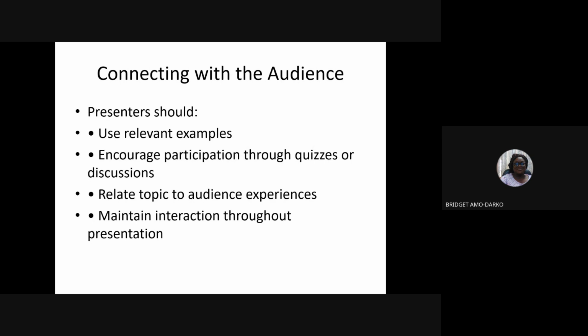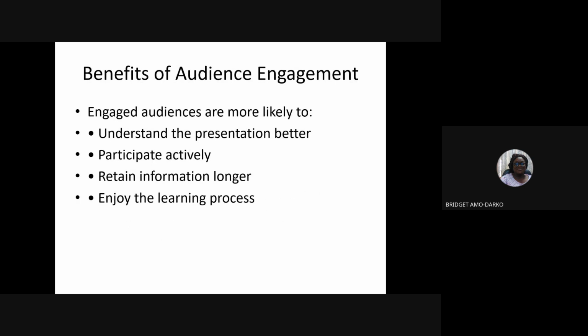Restate topics to audience experiences. Maintain interaction throughout presentation. Benefits of audience engagement. Engaged audience are more likely to, one, understand the presentation better, participate actively, retain information longer, enjoy learning process.